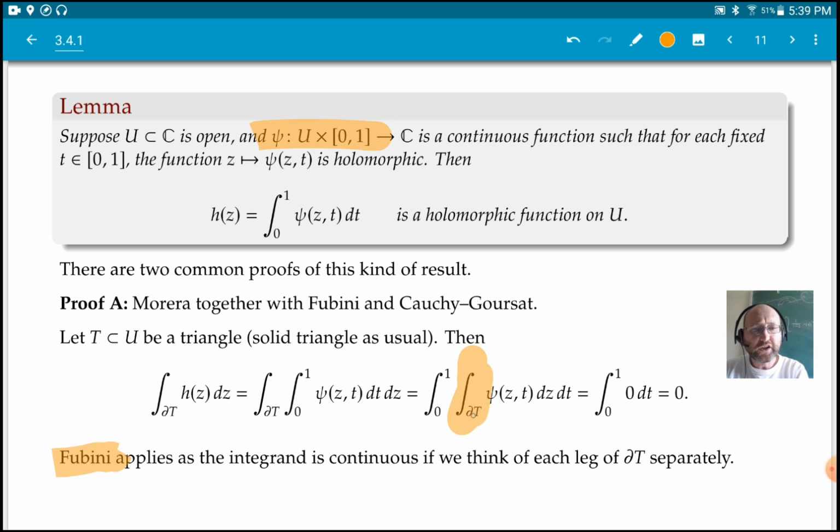It's continuous on this triangle, right? And what is the triangle, right? Each leg separately is really an integral over an interval, right? So it's really three calculus 1 integrals, right? So the standard Fubini theorem for Riemann integrals applies.